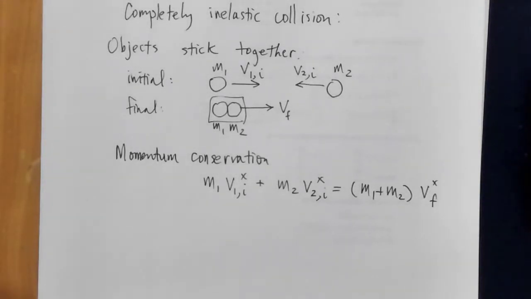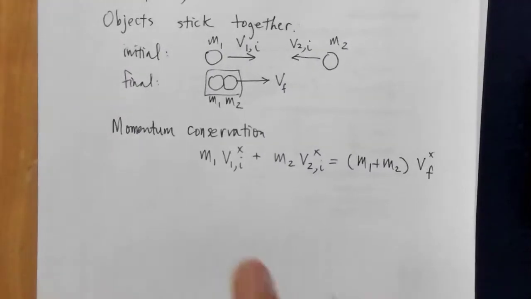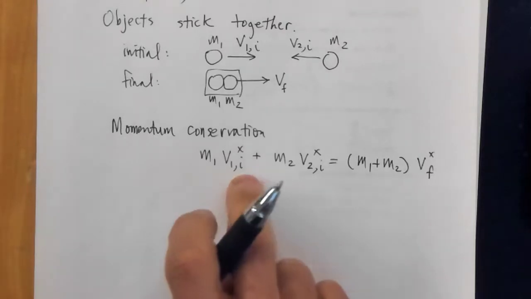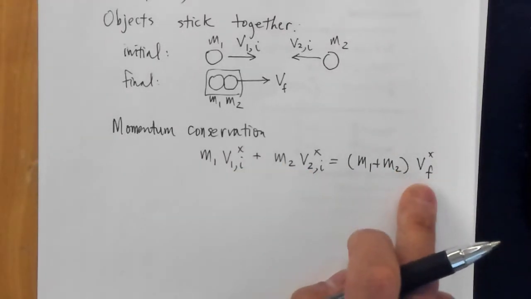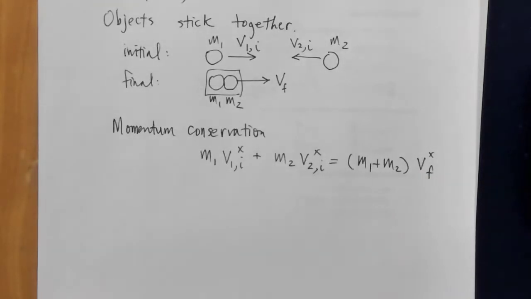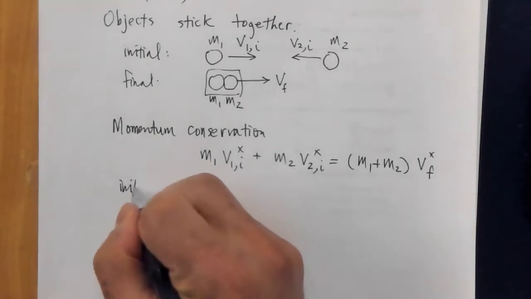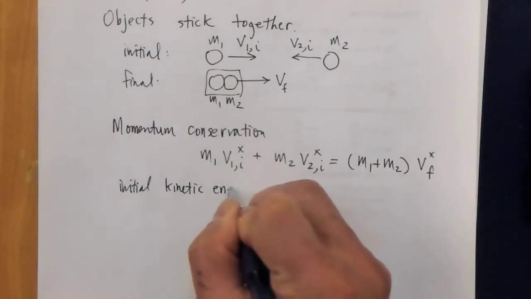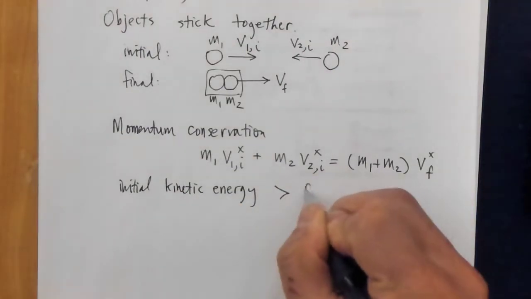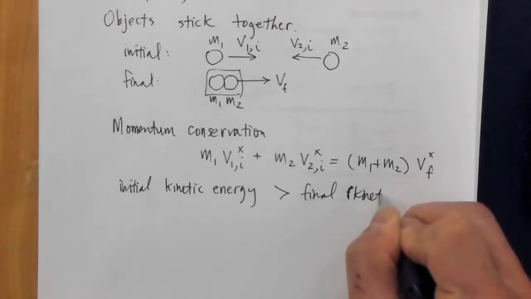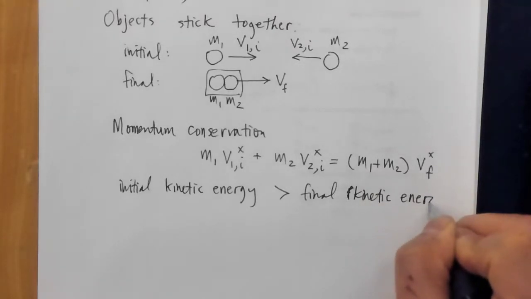The new thing I want to tell you is that if they give you the masses and the initial velocities, you can solve for the final velocity just from this equation. And you'll find that the initial kinetic energy will be bigger than the final kinetic energy, and you can determine how much energy is lost.